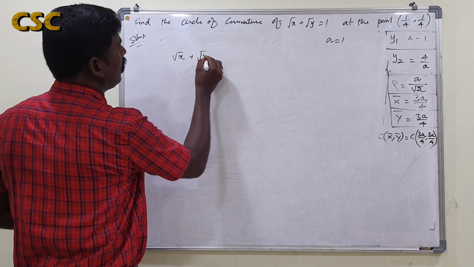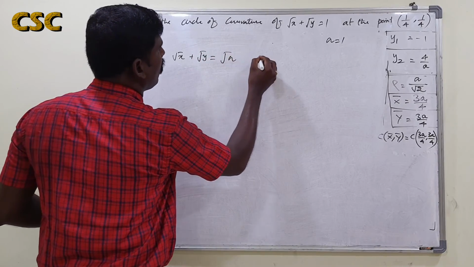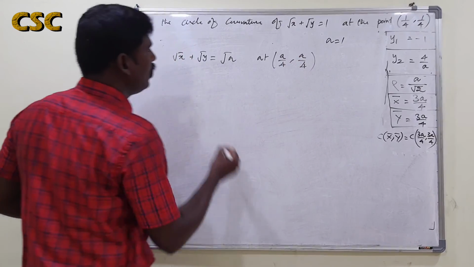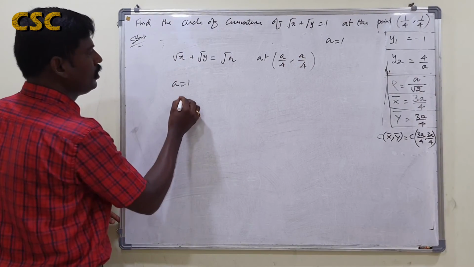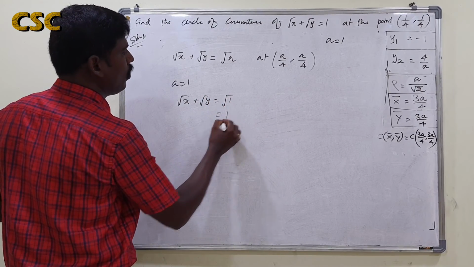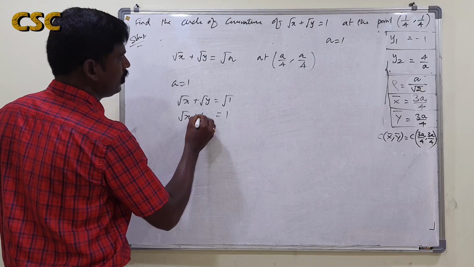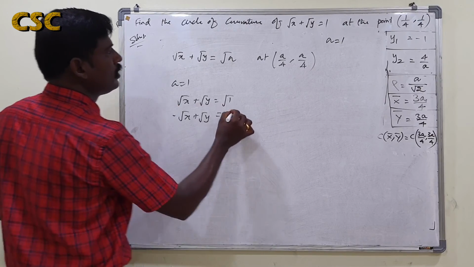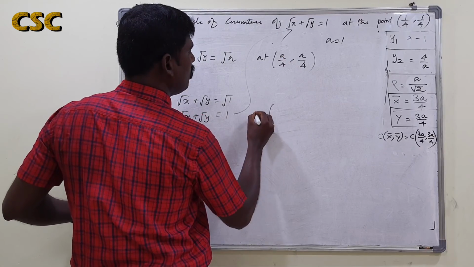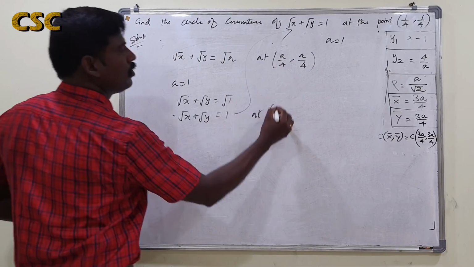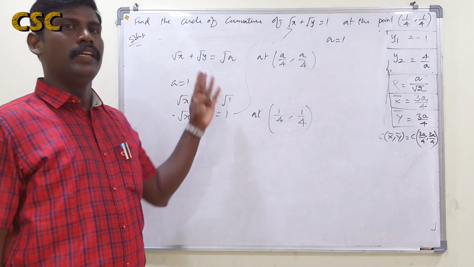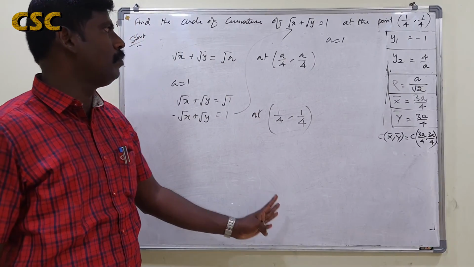Circle of curvature of this curve at a by 4 comma a by 4, isn't it? By taking a is equal to 1, what you will get? Root x plus root y equal to root 1, that is equal to 1, isn't it? You can get this same curve, right? At the point, by taking a is equal to 1, it will become 1 by 4 comma 1 by 4. So do it as usual based on the same previous problem, right?